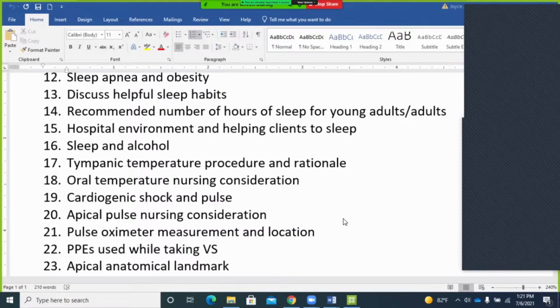Okay, use this, guys. 60 to 100, right? So anything less than 60 is brady, right? Anything more than 100 is tachy. Okay? Linda, you got it, my dear? Yes, ma'am. Brady means less than 60, and anything more than 100 is tachy, right?